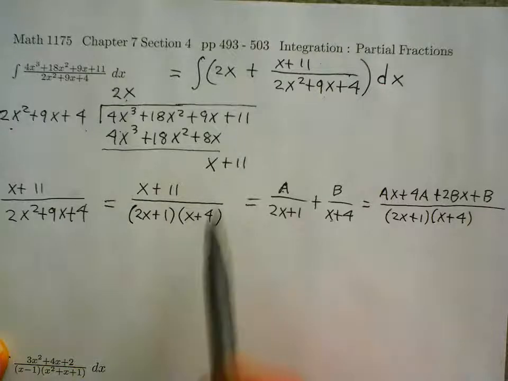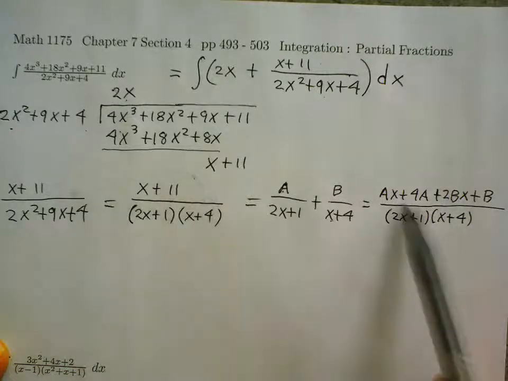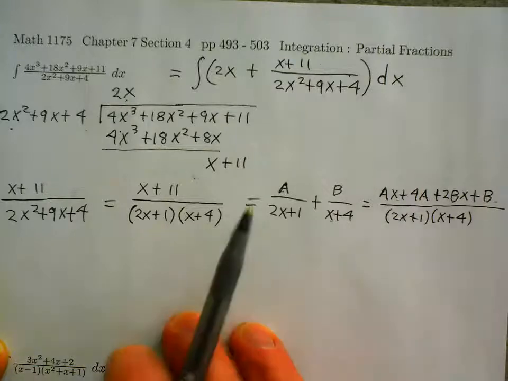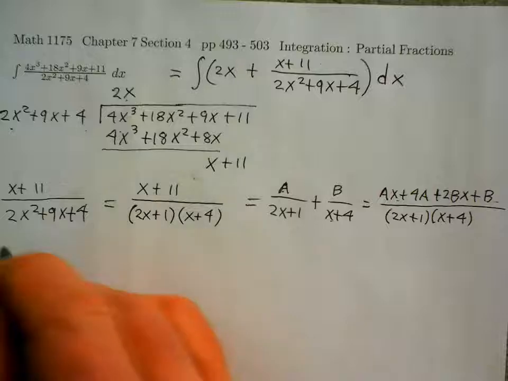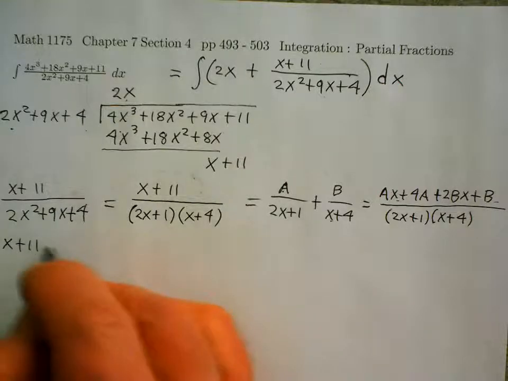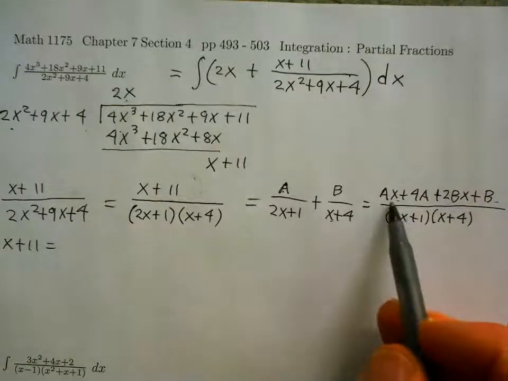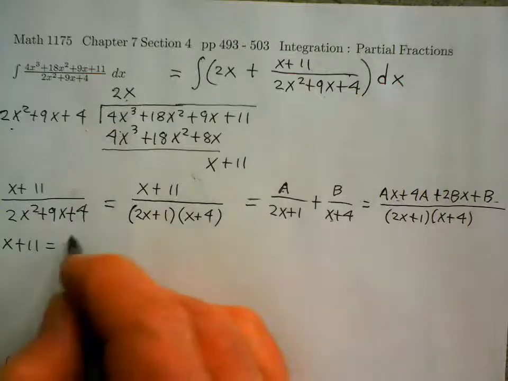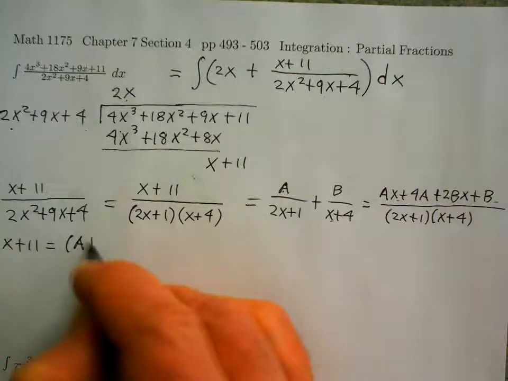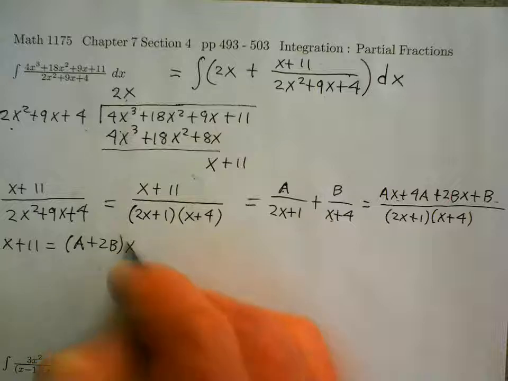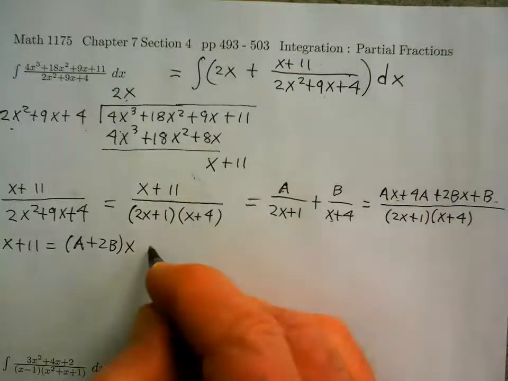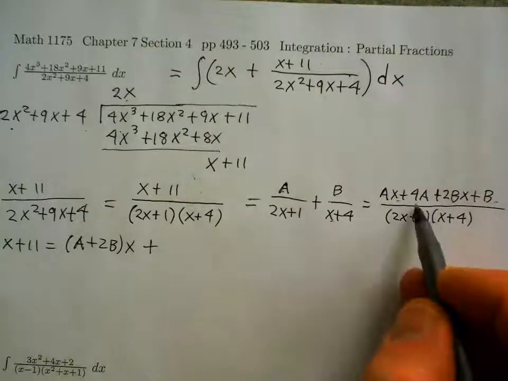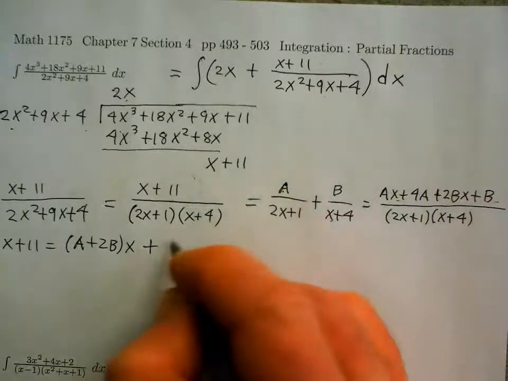Okay, so the numerator x plus 11 has to be equal to this numerator. So x plus 11 equals, let's combine like terms, ax plus 2bx, so we have the quantity a plus 2b times x. And then the constant 11 corresponds to plus 4a plus b.